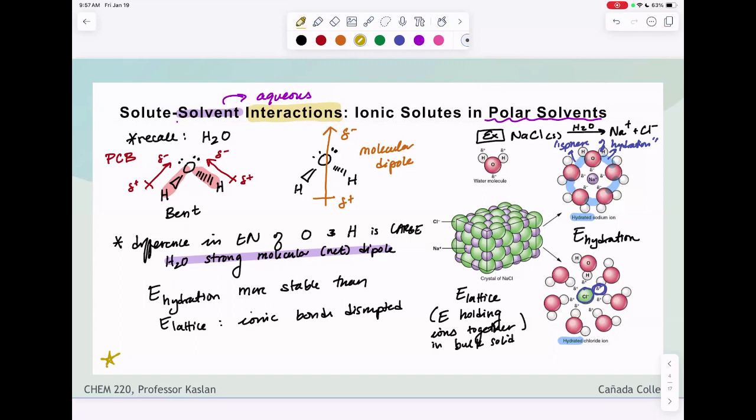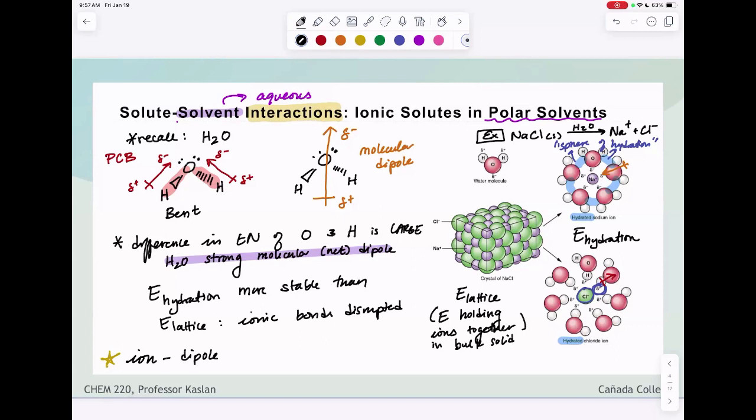So looking at this example of our hydrated sodium and chloride ion, we see that we've got the dipoles of the water compound that are aligning with the ionic charge of the ions. So very creatively, we call these ion dipole interactions.